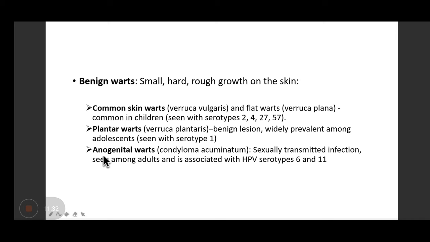Then they also form warts in anogenital regions, condyloma acuminatum, which is sexually transmitted and seen in adults. It is commonly associated with HPV serotypes 6 and 11.